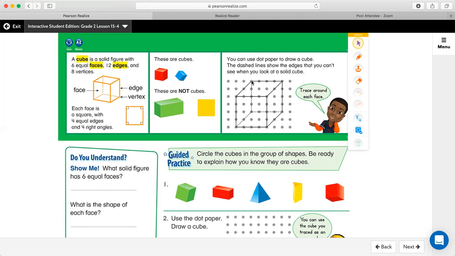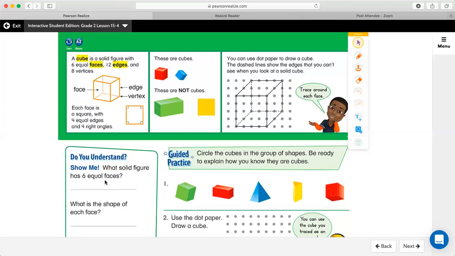You can see they used 5 dots across and 3 dots forward, 5 dots across, 3 dots forward, 5 dots down, okay? 5 across, 3 back. And then the dashed lines here show the edges that you can't see when you're looking at a cube that has its color, like this one filled in.